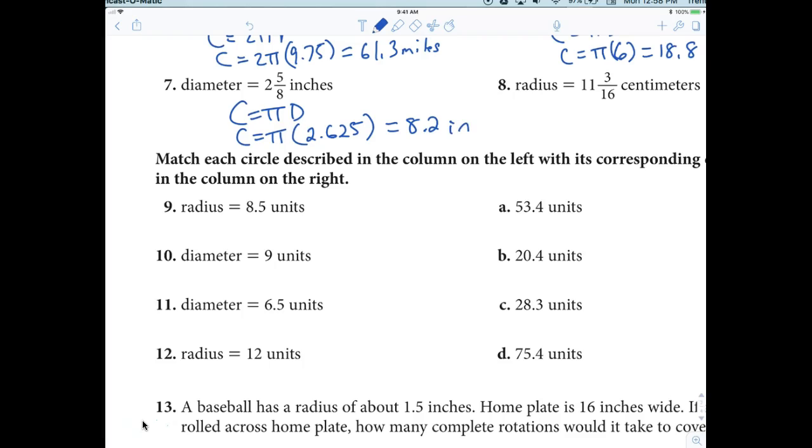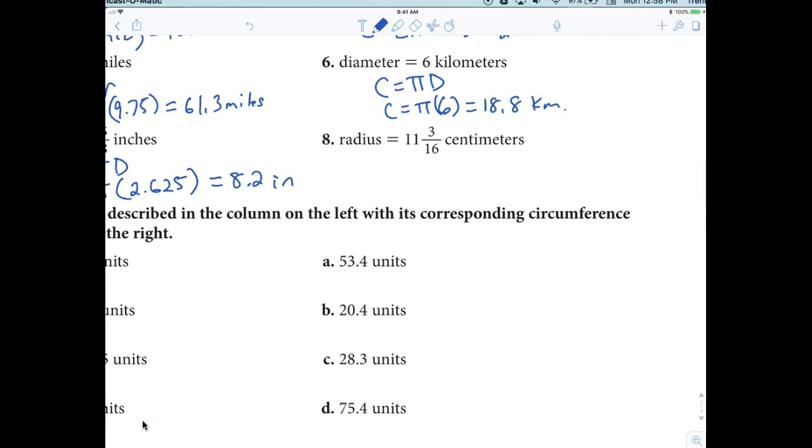Thank you. Emily, I skipped you, right? All right, you're up. Number 8. So it's pi times d, and then... Whoa, whoa, whoa. Pi times what? What are we given? What are you given on number 8? Oh, a fraction. The radius.